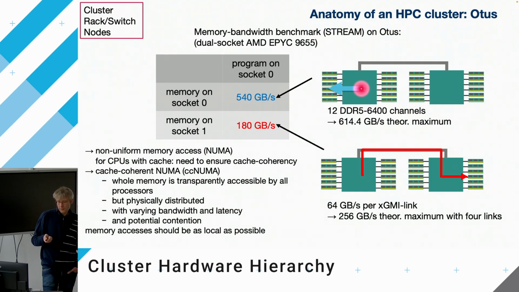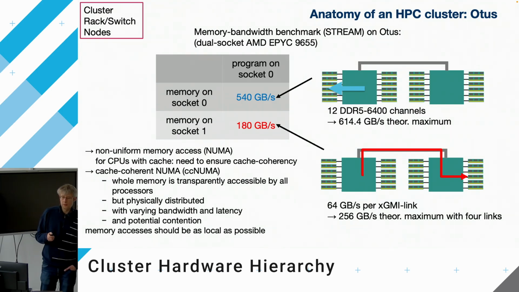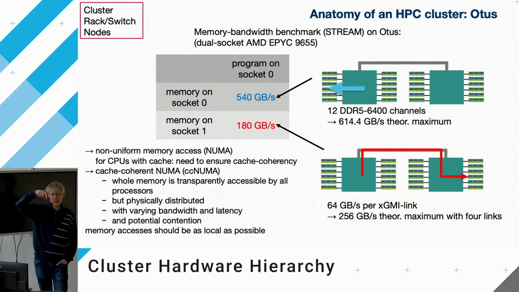However, if the same process accesses some memory on the other socket, the data has to flow through the socket interconnect, and this becomes a bottleneck. If we measure it, we can maybe get 180 gigabytes per second unidirectionally. So I've explained we have a system where every process can access all of the resources.